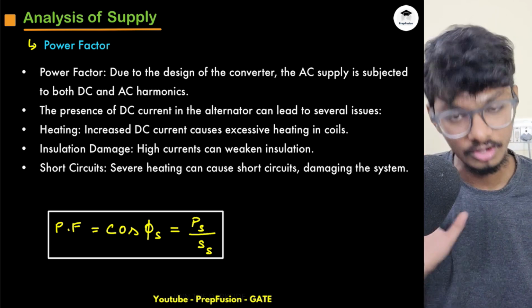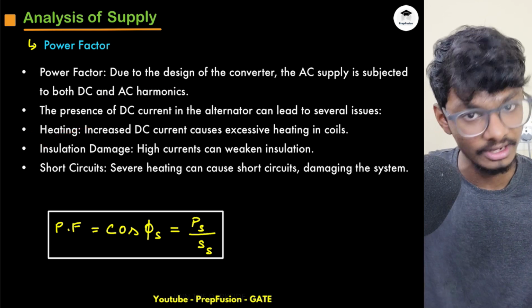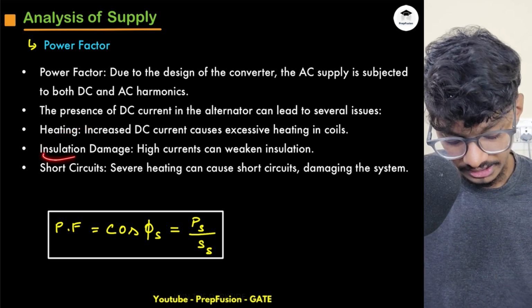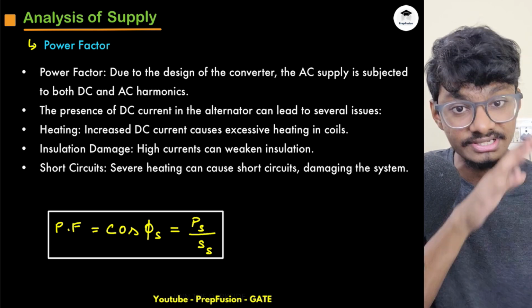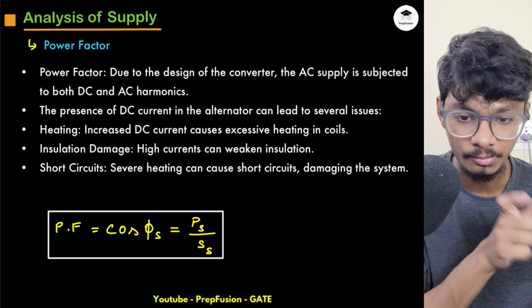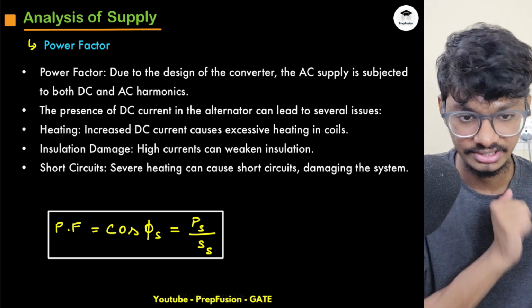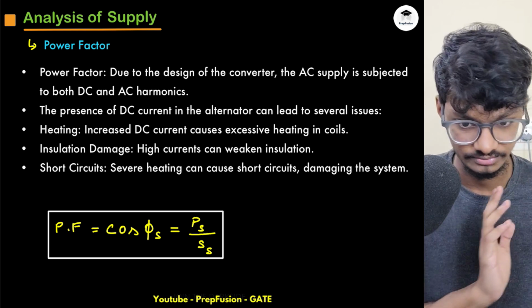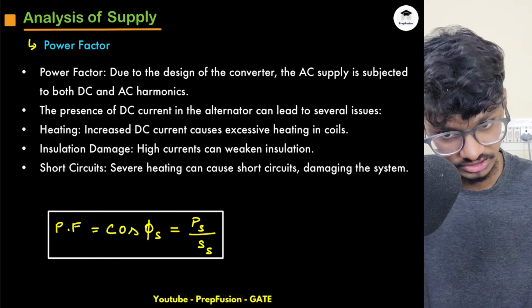For now, just understand that some DC current is flowing in the supply. That is very bad. Heating will happen, as I already explained, and there can be insulation damage and all those things. All those things degrade the power factor of the supply, and we want our power factor to be as near to unity as possible. So we use power factor correction techniques that we will understand in machines and power systems, not here. Our power factor will be equal to cos phi s, PS by SS. This I've already derived.